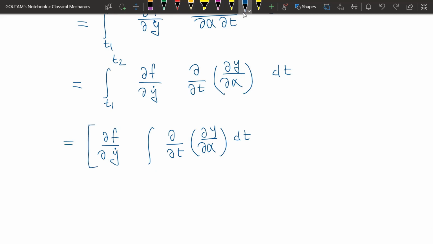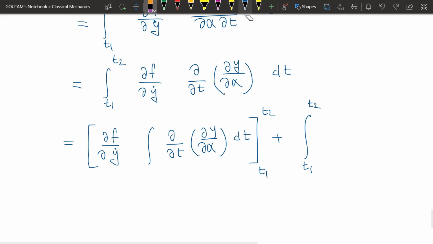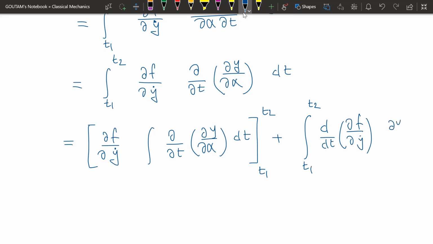in the entire expression T1 to T2, plus the integration from T1 to T2. This integral will be ∂y, okay. First this derivative, so it will be d/dt of ∂f/∂ẏ, and then this integral will be ∂y/∂α dt.